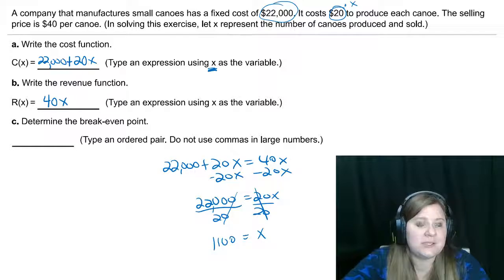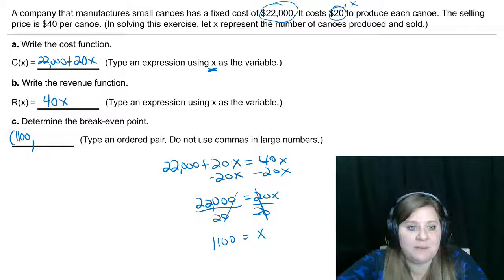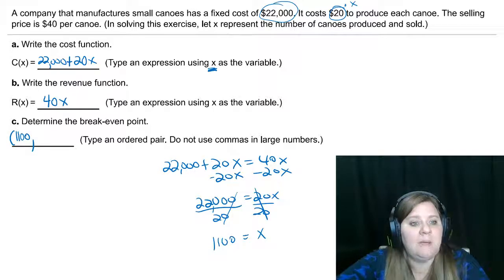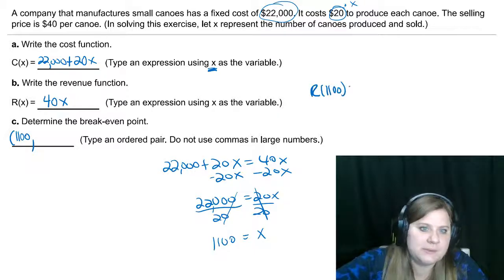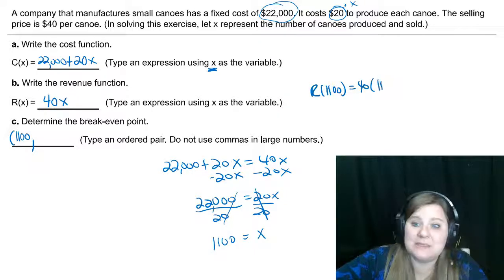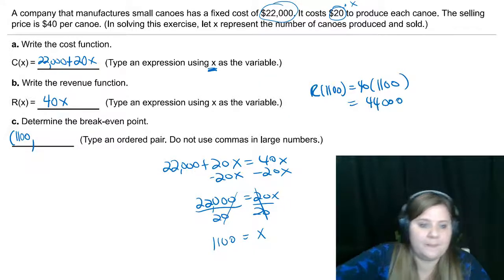Now, the next question is, what does that mean for my break-even point? Because that was just the x value. So I'm going to plug it back into one of my formulas. Okay, I'm going to plug it into revenue because that's easier to work with. So revenue at 1,100 canoes is 40 times 1,100, which gives me 3 zeros, and 4 times 11 is 44.